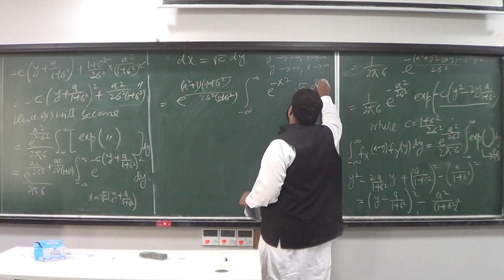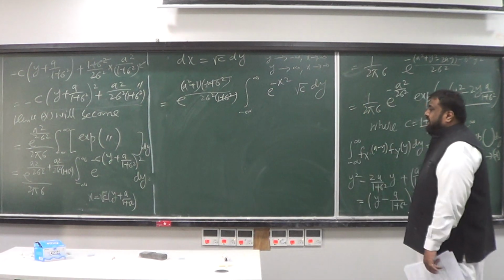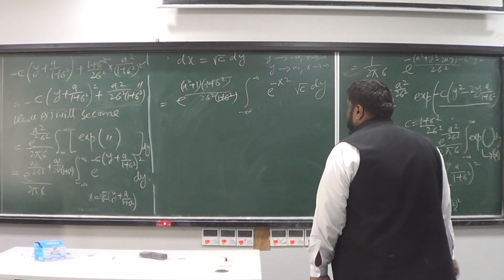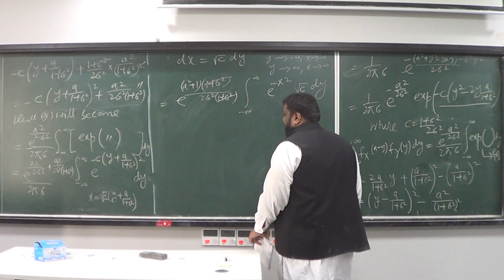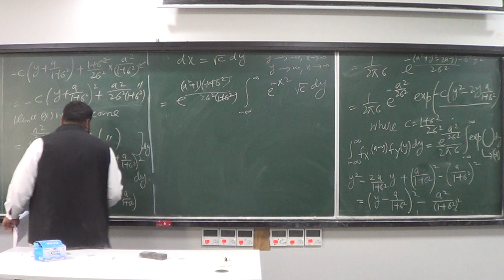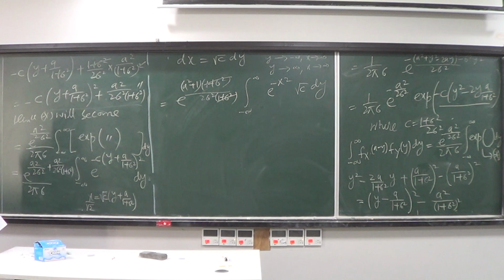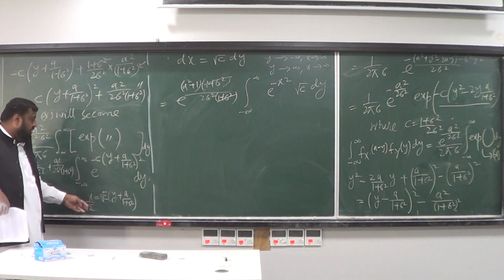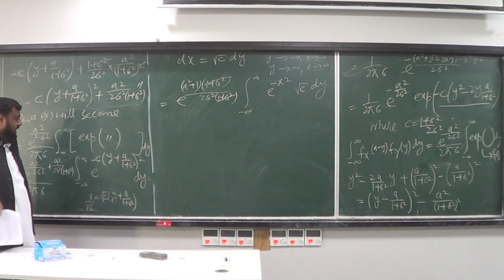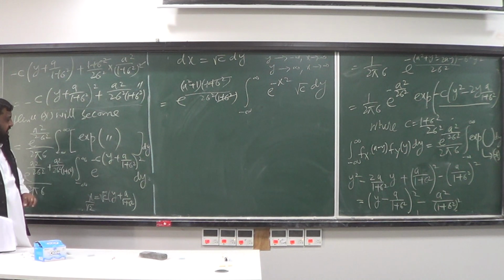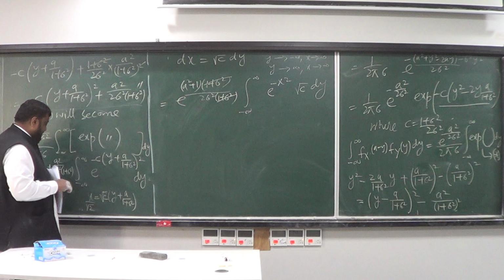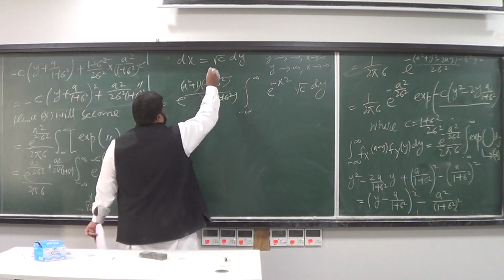By the way, in order to make this even more interesting, I can make an assumption that x over square root of 2 is equal to this: square root of c times (y plus a over 1 plus sigma square). Once you have this, you're going to have a 2 here.